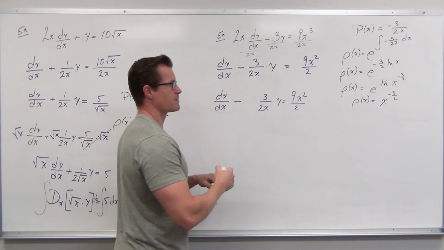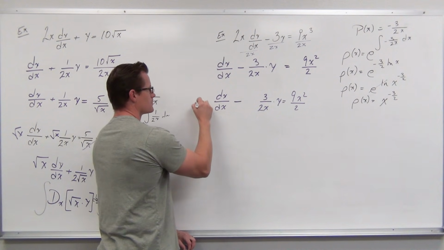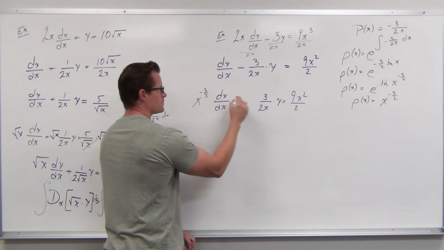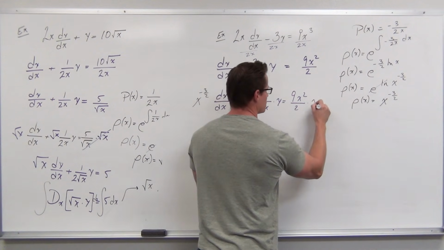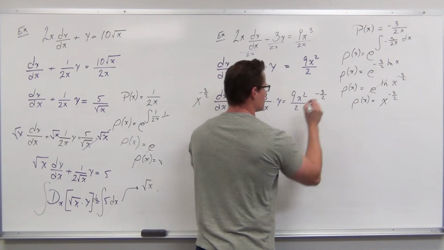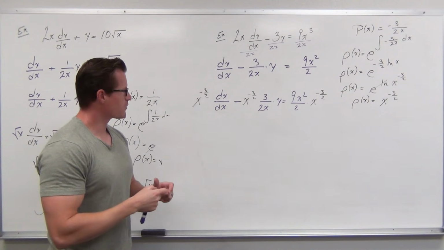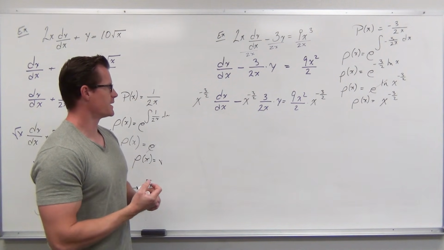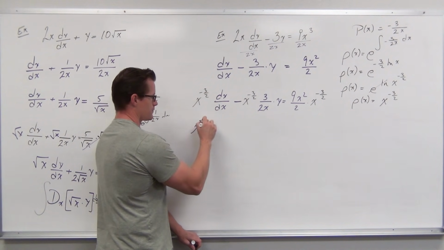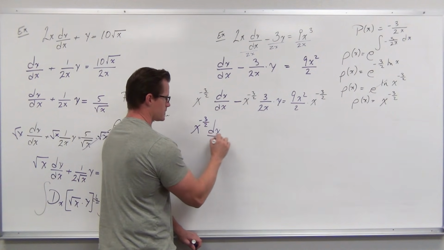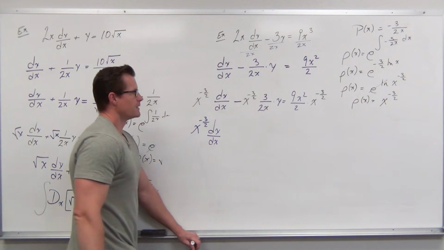Let's multiply everything by x to the negative 3/2. Let's simplify where we can. So if we simplify, oh man, x to the negative 3/2, that looks fine. I don't gotta simplify that.